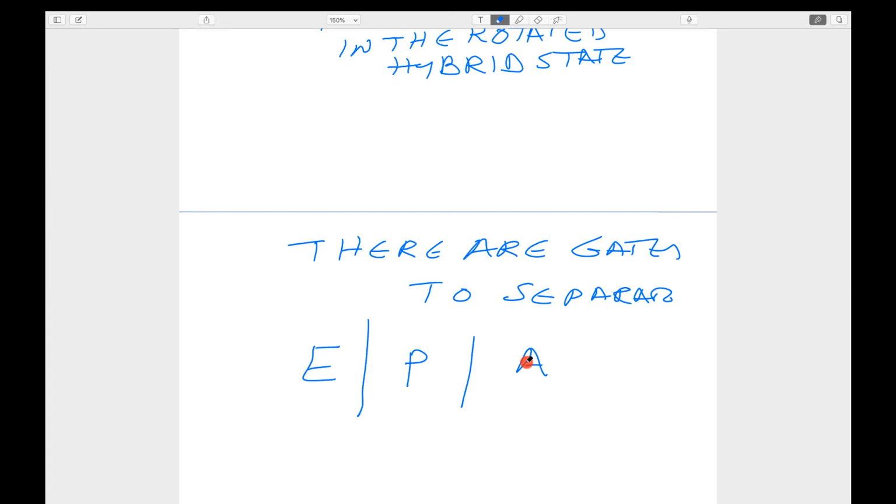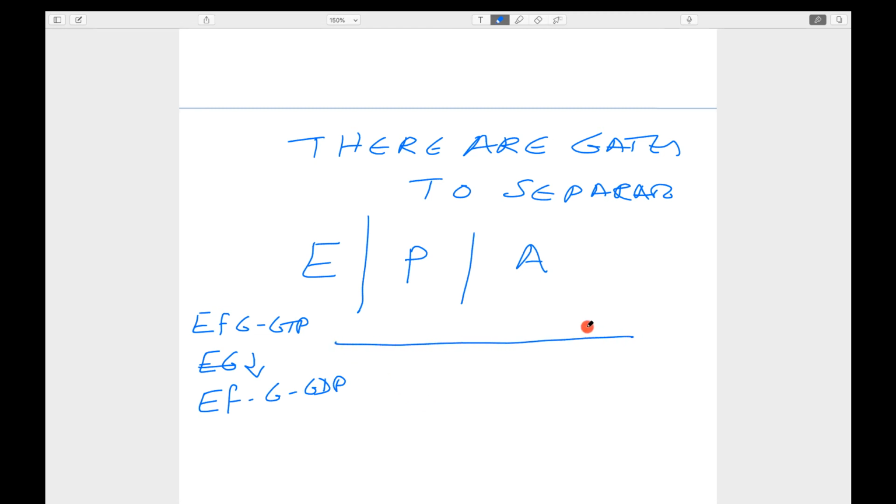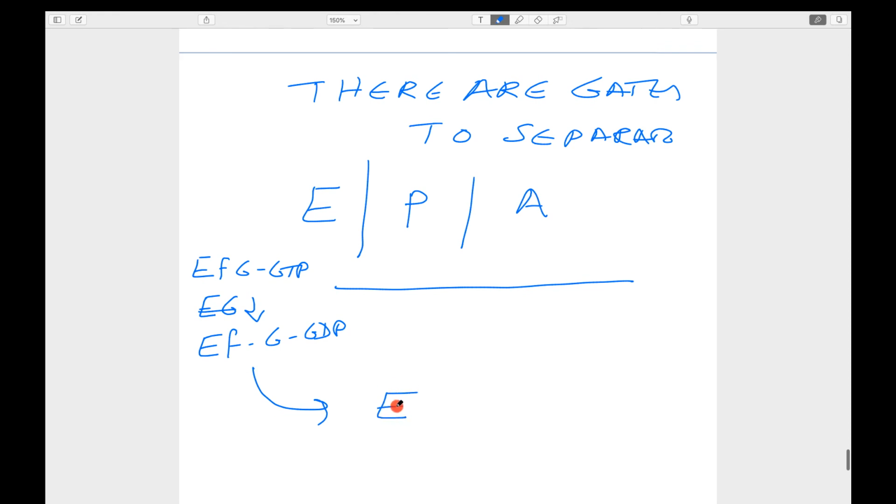Then what happens? How do these locked gates become unlocked? When EFG GDP formation takes place, that is, when GTP is hydrolyzed, by the action of this the gates are unlocked.